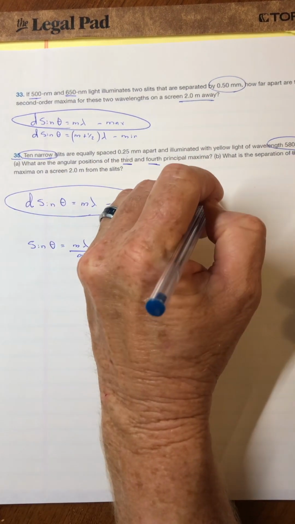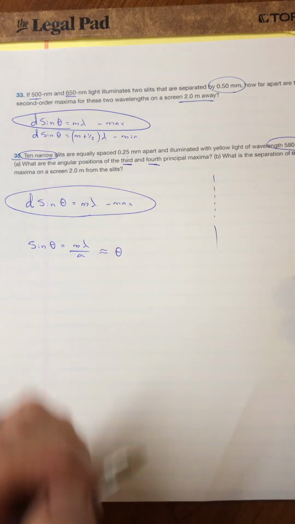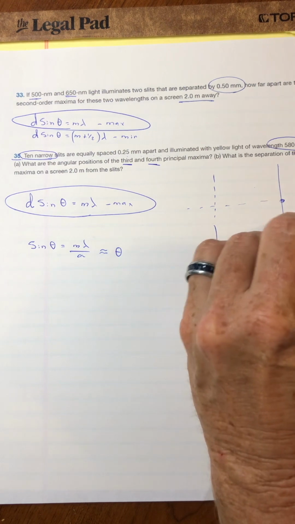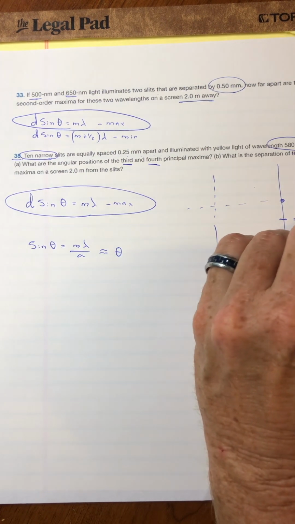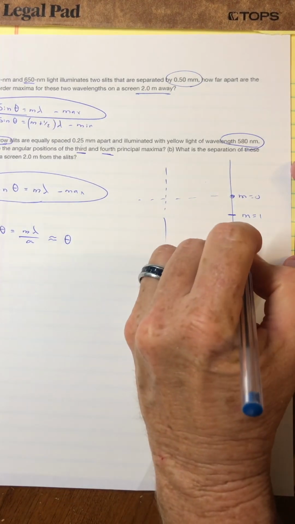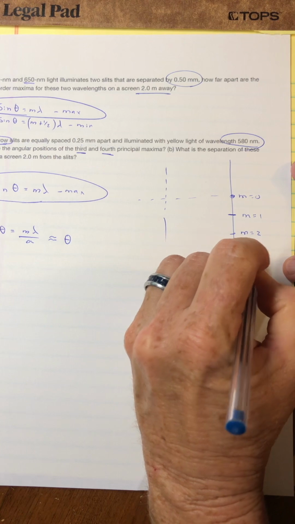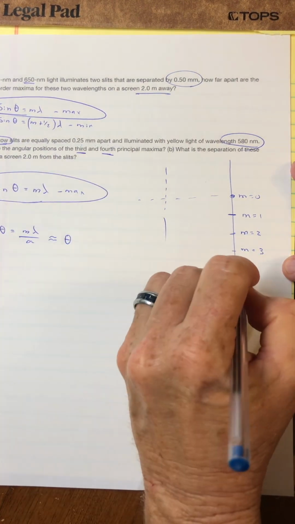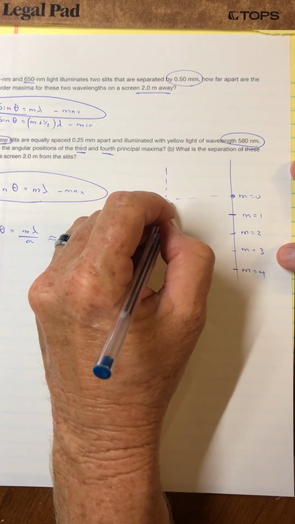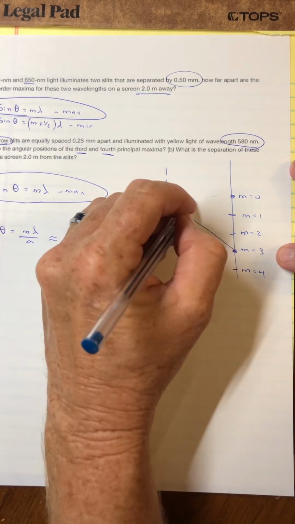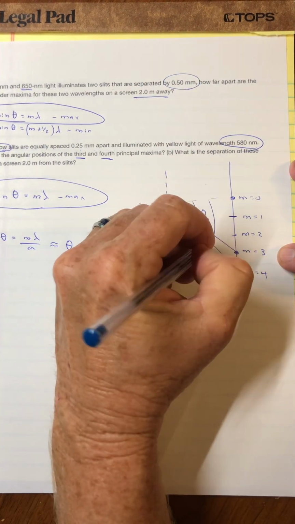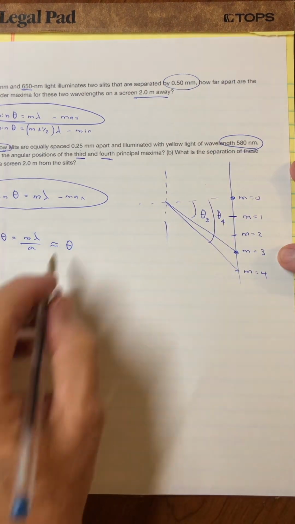And so if you had these 10 slits, 1, 2, 3, 4, 5, I'll just pretend there's 10 there, and then you have this straight through, your center maximum, m equal 0, then your first maximum, m equal 1, then m equal 2 and m equal 3. We're looking at m equal 3 and m equal 4. So we're looking at the angle for this one, call it theta 3, and the angle of this one, call it theta 4.